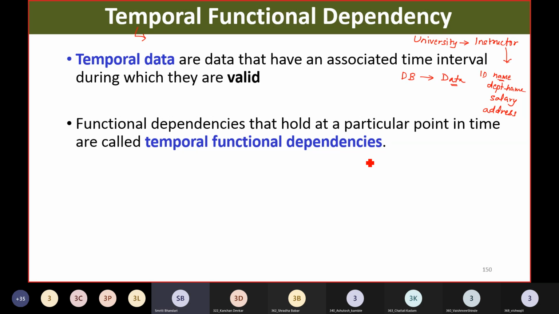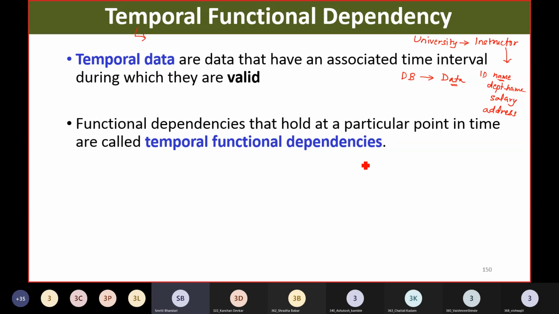So we now know what is temporal data. Associated with temporal data, we have some functional dependencies. These functional dependencies hold at a particular point in time. Sometimes it may happen that during some other time interval, some policies of the enterprise are changed.